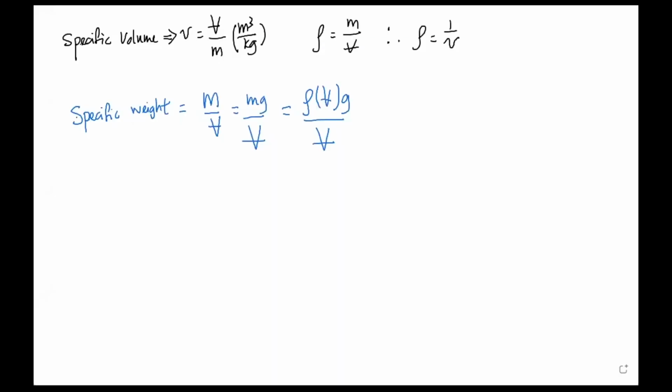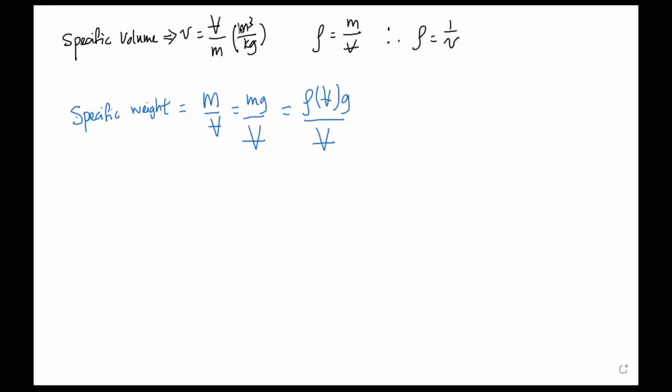Just now, when we referred to the table, there are 4 things we can refer to: specific volume, internal energy, entropy, and enthalpy. Specific volume is the total volume over the mass.